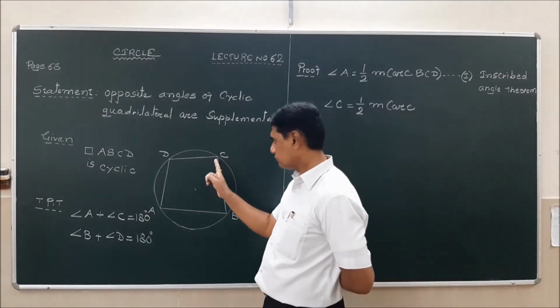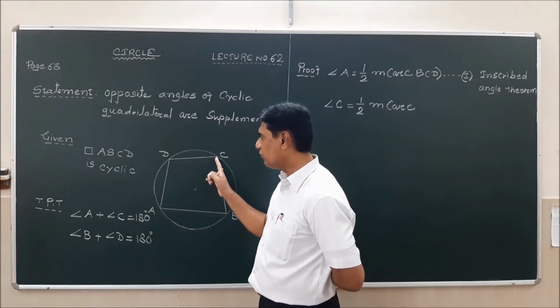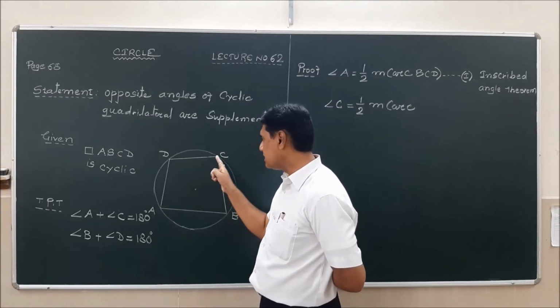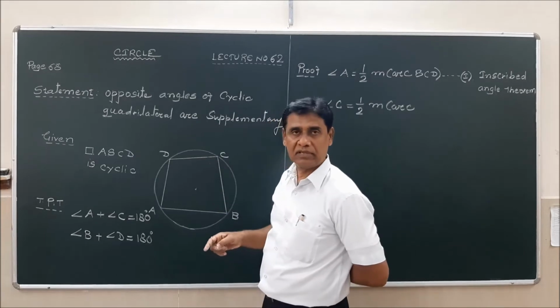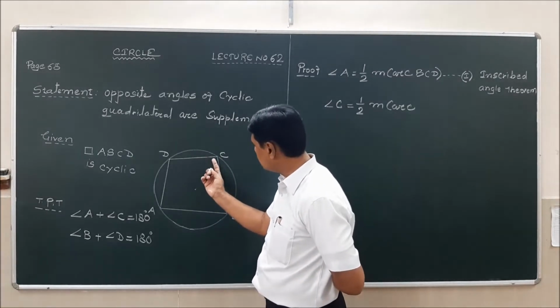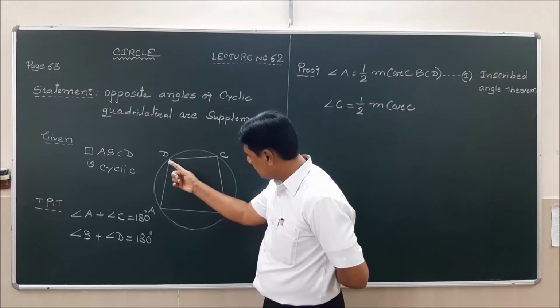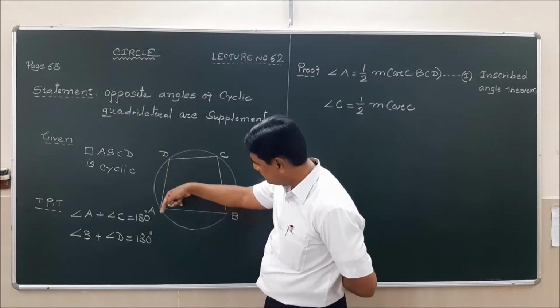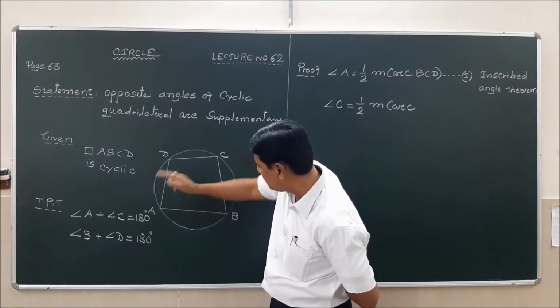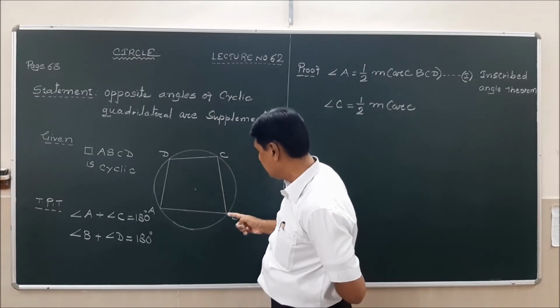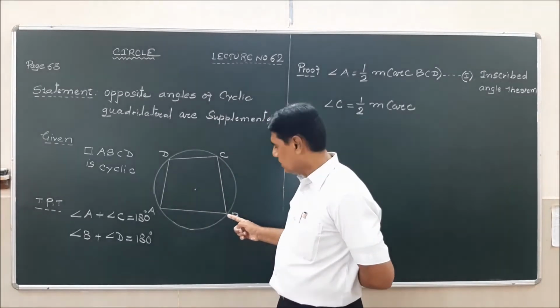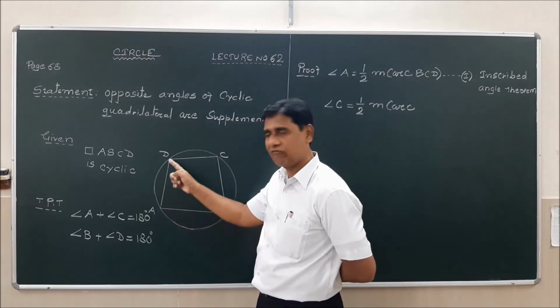Now C is formed by the sides DC and BC, isn't it? And you will notice from point D, which arc begins, DAB, see here, and from side CB, where it ends at point B, from there also you will find the same.